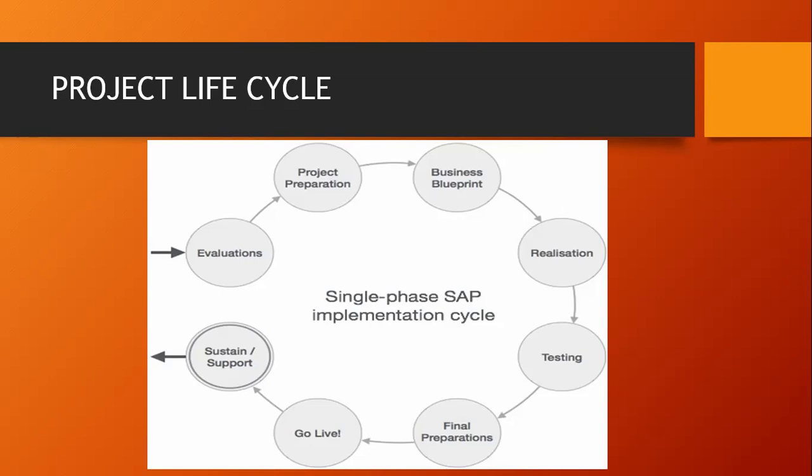That's where you go to your realization phase. That phase is after deployment, after implementation. So after they use the blueprint to do the implementation and what they have implemented has been realized, they go to testing. Of course, testing is very, very important.